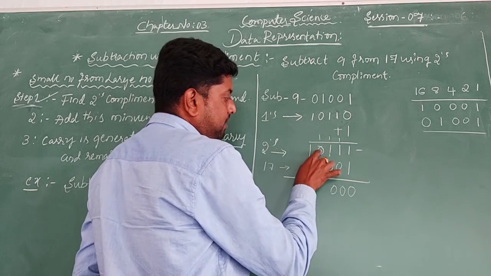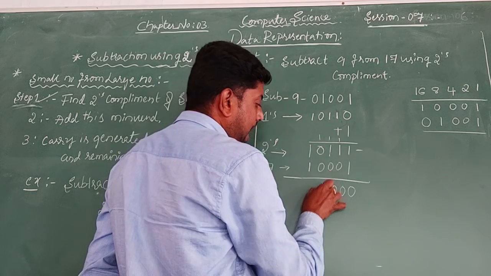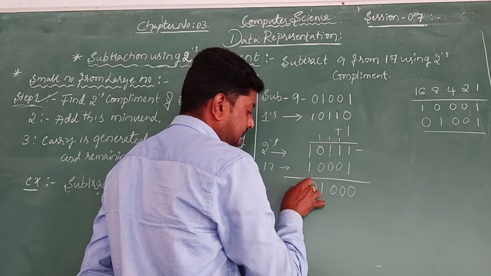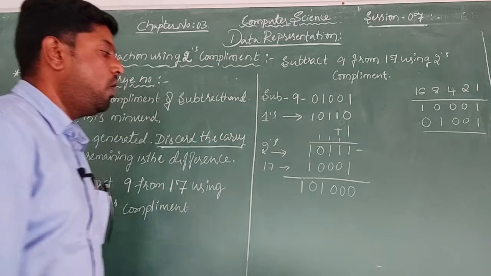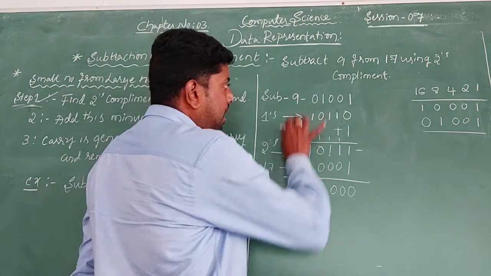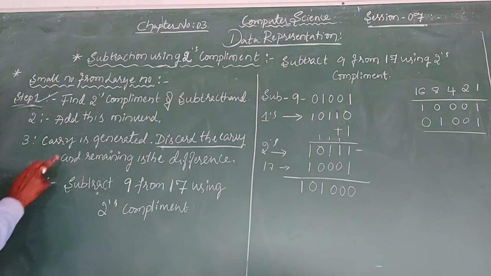Then 0 plus 0 is 0, 0 plus 1 is 1, and 1 plus 1 is 0 and carry is 1. So 0, 1, triple 0.